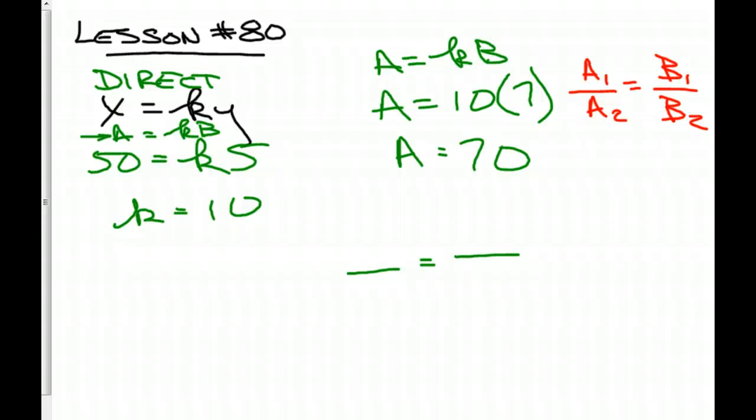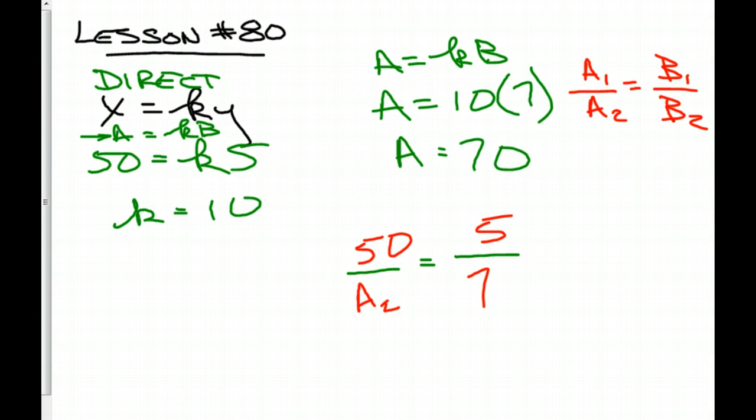A1 will be the A, A2 will be the B. So if you look back at that problem, if A is 50 when B is 5, what is the value of A when B is 7? So this is the A that I'm looking for.